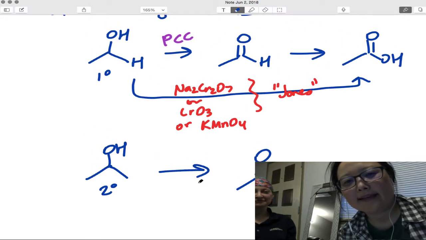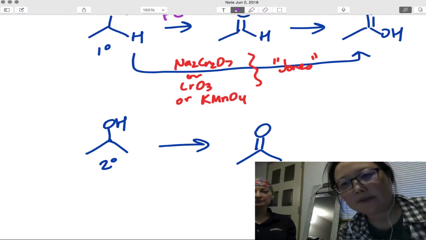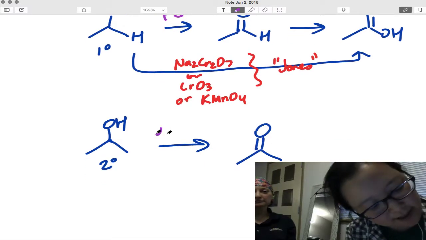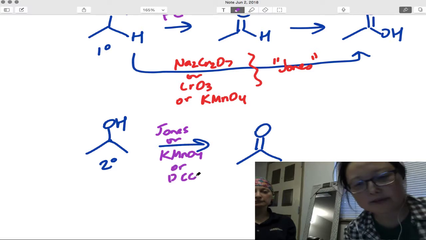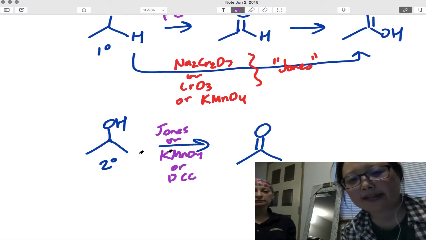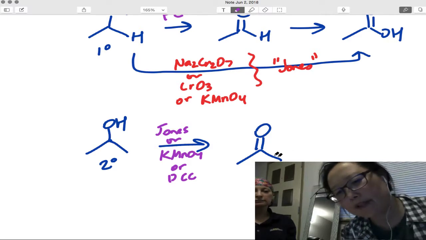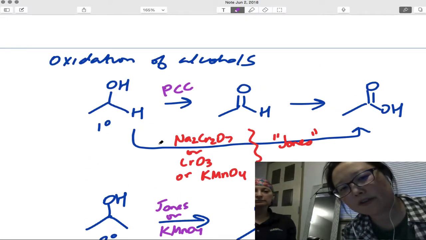In that case, you can use any of these reagents to oxidize from there to here. So we don't usually make a distinction. I think most people would probably use Jones or KMnO4 here, but in some cases, I've also seen PCC used. So any of those options is fine here because you don't have the CH bond that is vulnerable to oxidation as it is here.